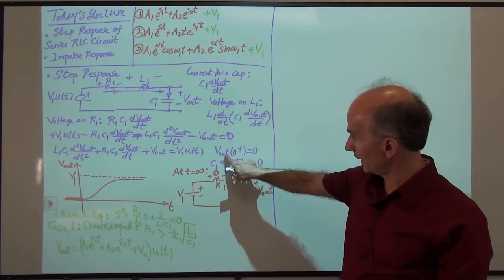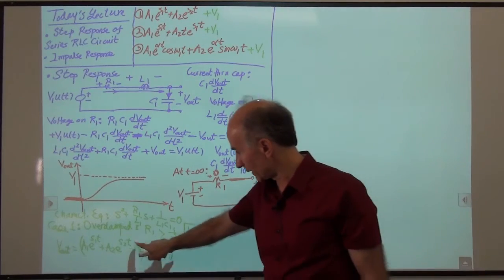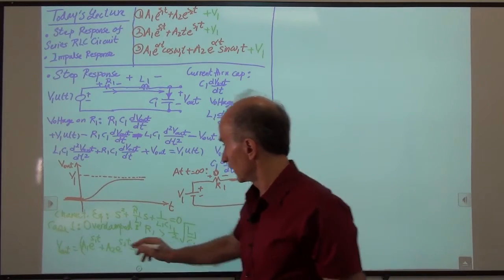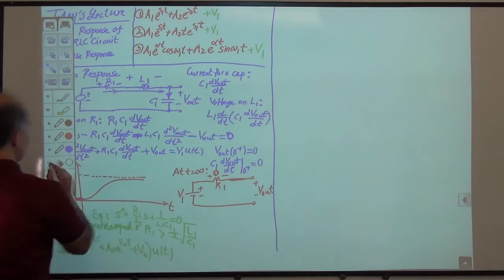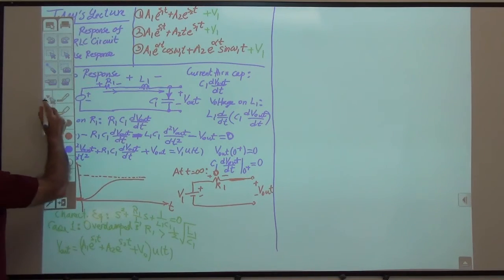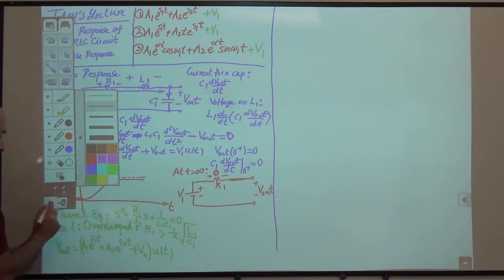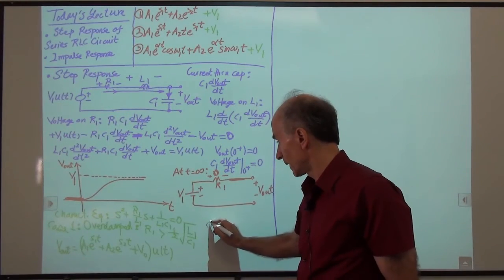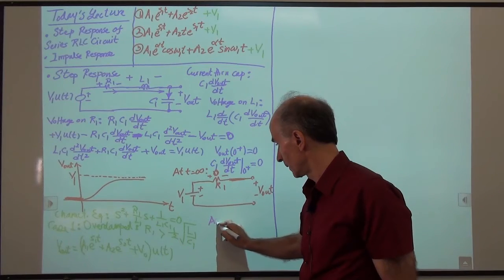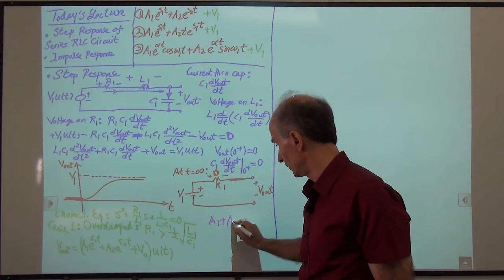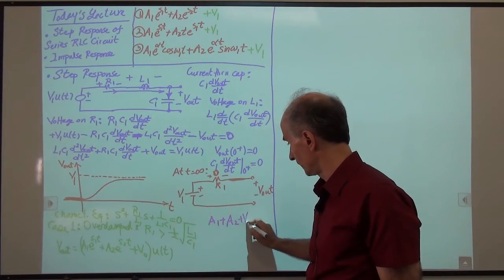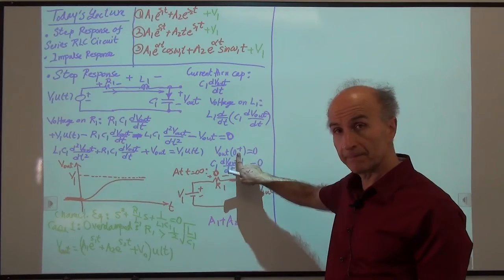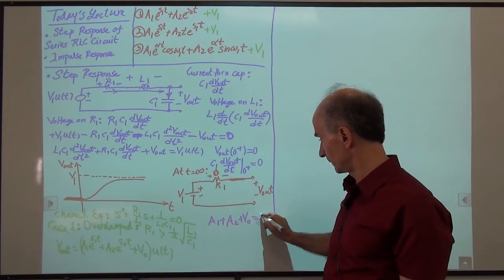At 0 plus, V out should be 0. So we just plug in t equals 0 here. Let's change the color to maybe this one here. Okay, so what we know is that A1 plus A2 plus V0 at time 0 should be equal to 0.